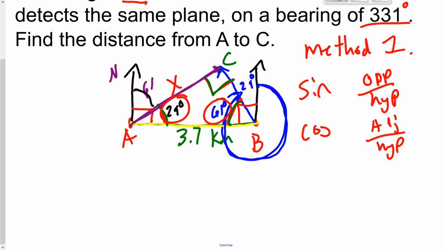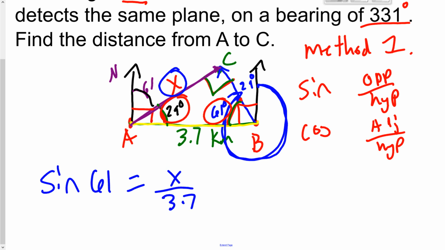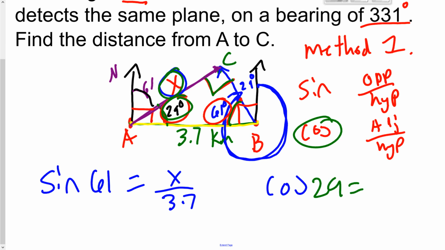I'll go ahead and do both of them. Sine is opposite. What's opposite of x? That'd be 61. So sine of 61 is equal to x over our hypotenuse, 3.7. Or I could do cosine, which is adjacent. What's the angle next to x? Well, that's 29. So cosine of 29, and those are called cofunctions.